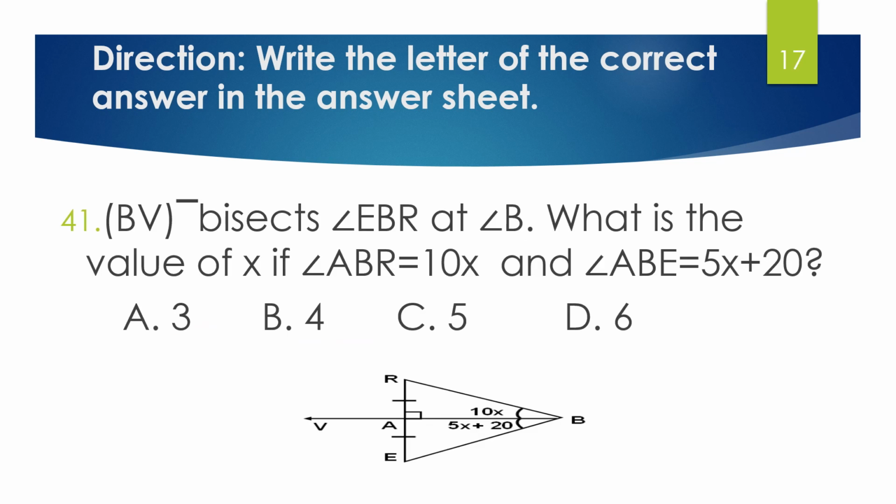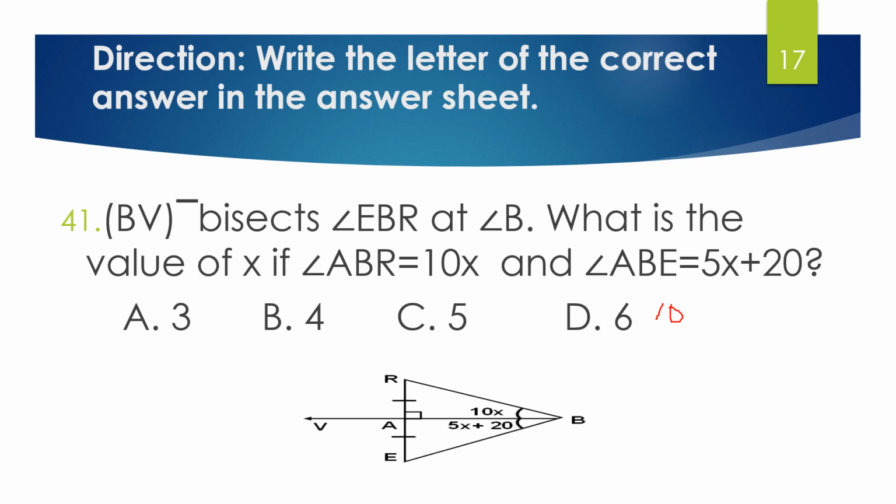Here we have a graph. BD bisects angle ABR, and angle ABR is 10x and angle ABE is 5x plus 20.